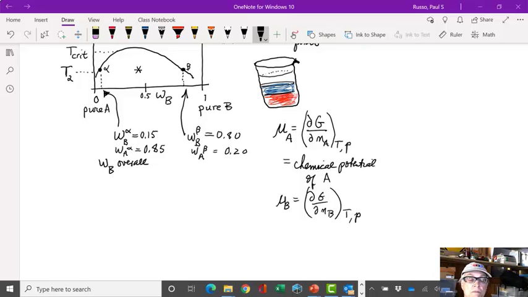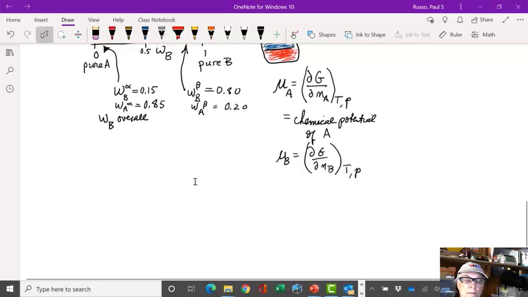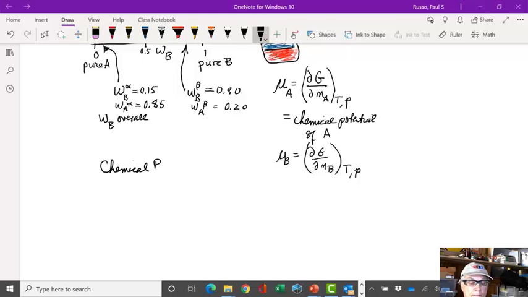But we get to name the variables and try to understand. And these chemical potentials are really describing the desire of the system to be something else or someplace else. They're escape potentials.